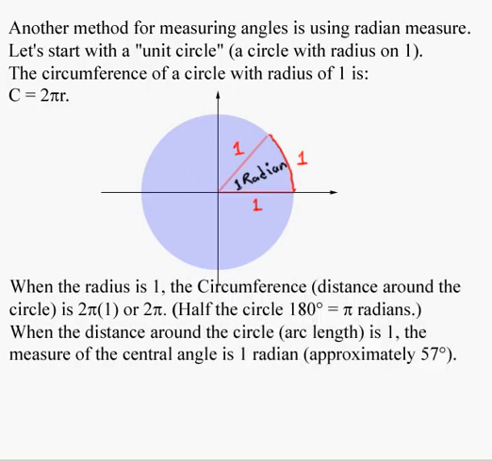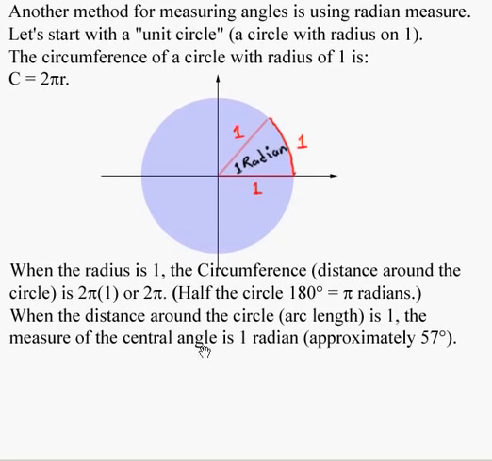So that brings up the question, how many radians are there in a circle? Well, let's recall the formula for circumference of a circle. Circumference is 2 times pi times the radius. When the radius is 1, the circumference, or the distance around the circle, is 2 pi times 1, or just 2 pi. And then, of course, if all the way around the circle is 2 pi radians, halfway around the circle, or a semicircle, we take that 2 pi and divide it by 2 and get 1 pi.